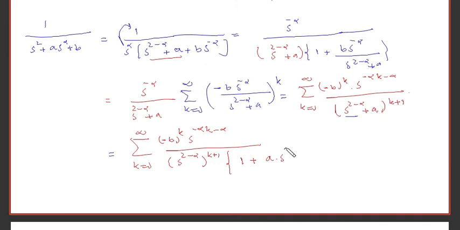Once it's in the numerator, it becomes alpha minus 2, and this term has power k plus 1, this thing in the denominator.